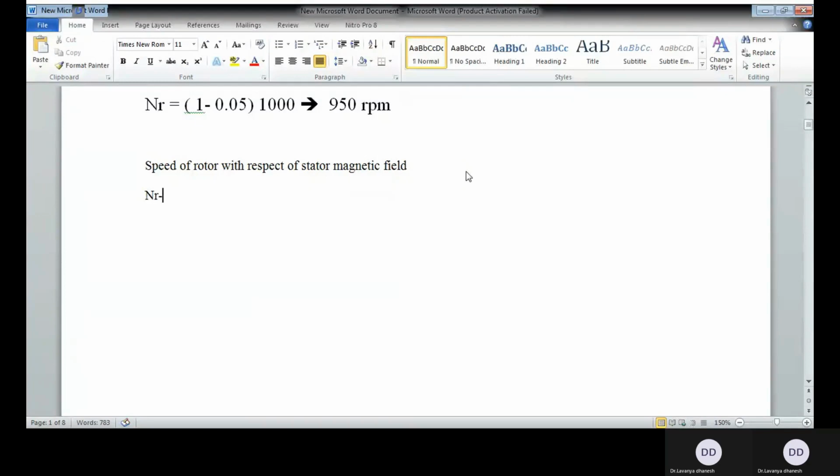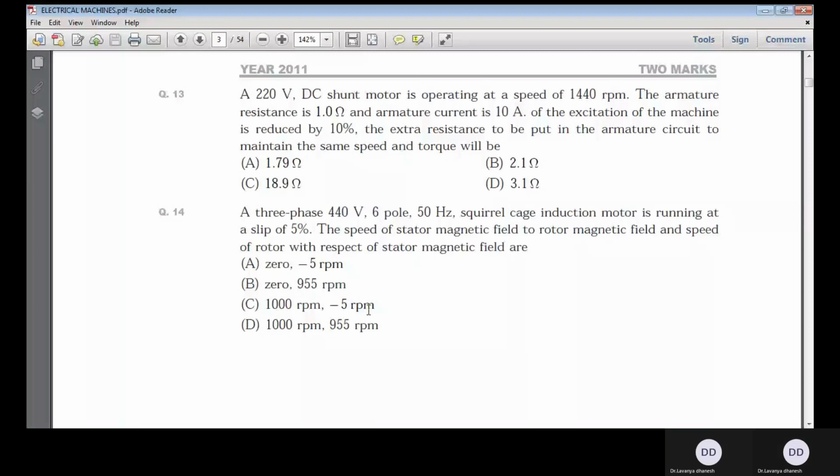This is the answer for this. The options are 0, minus 5, and so on, so the four options are not exact.